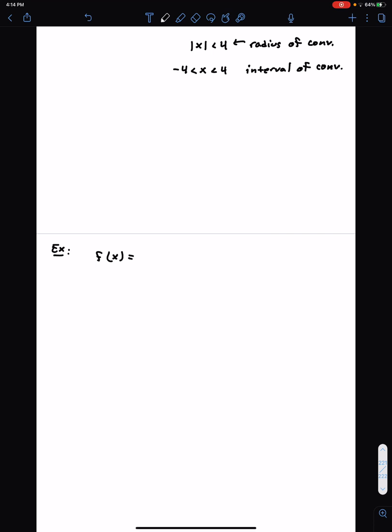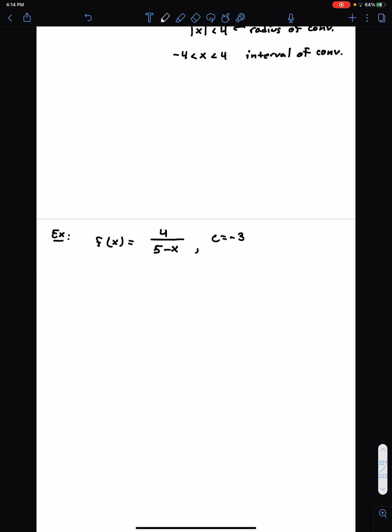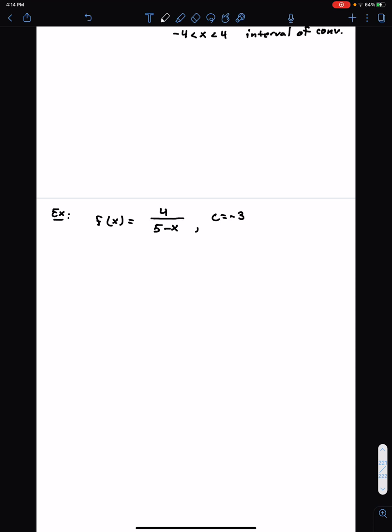Find a power series for f of x equals 4 divided by 5 minus x, centered at c is equal to -3. So I can rewrite the function as f of x equals 4 divided by 5 minus quantity x plus 3, and then I have to add 3 to balance out the denominator.